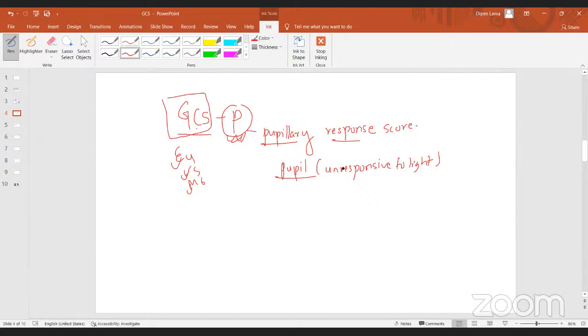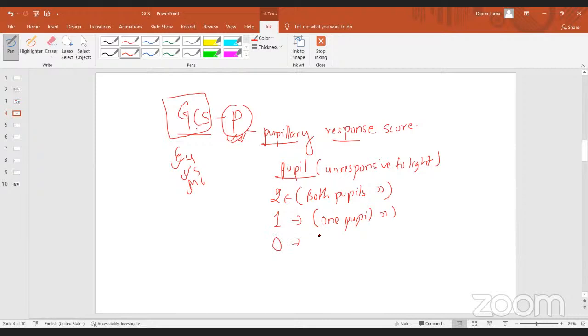This is important. If both pupils are unresponsive to light, then we give the score 2. If one pupil is unresponsive to light, then we give the score 1.